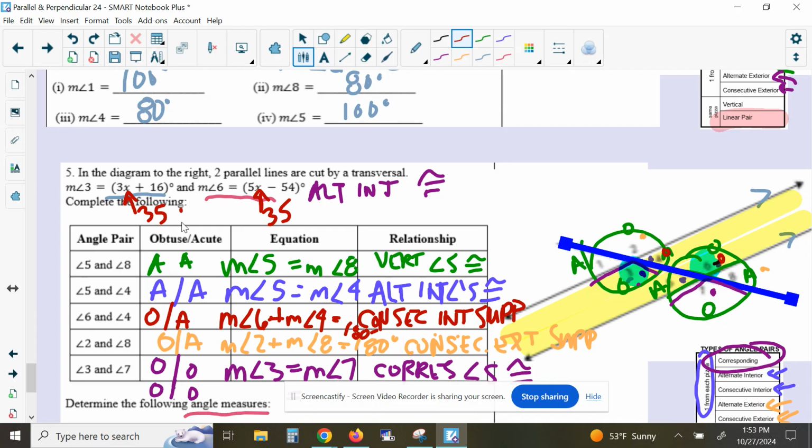So for this angle I get 121 degrees. This one says 5 times 35 minus 54, and I'm still going to get 121, which is exactly what I should get, right? Because I said that they were congruent to each other. So that means that all of the O's are 121.